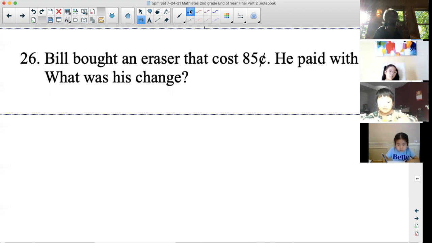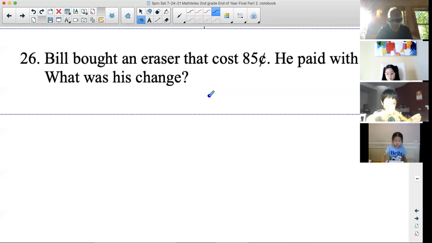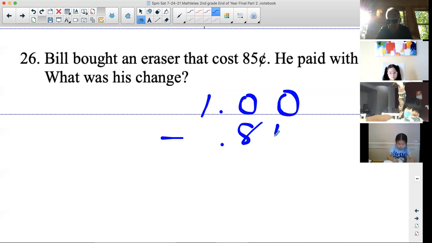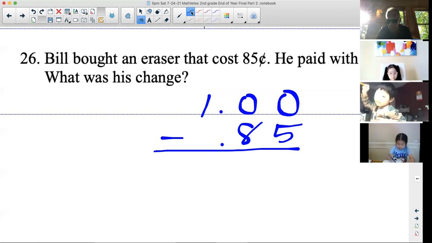Think about it. Okay, everybody raise your hand if you were able to take $1 and subtract 85 cents. On 3. 1, 2, 3, go. 15.